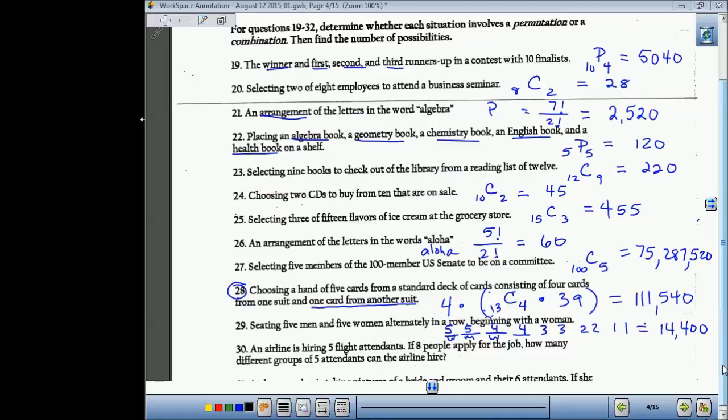Then we come out with the number of distinct permutations, ones that look different. I would let you use your calculator on a problem like that. I wouldn't make you do that by hand.